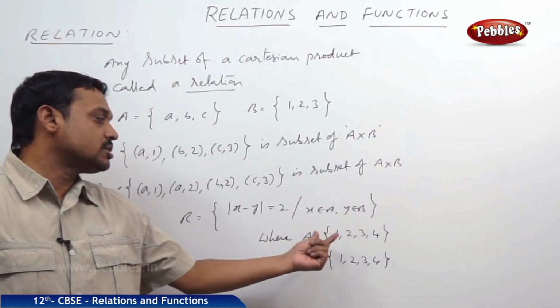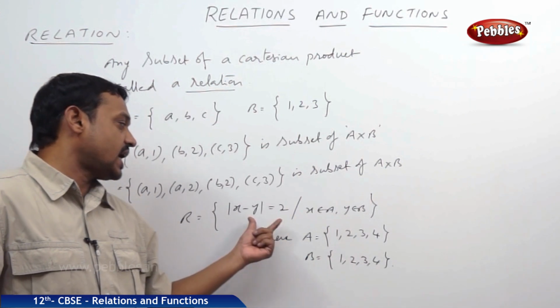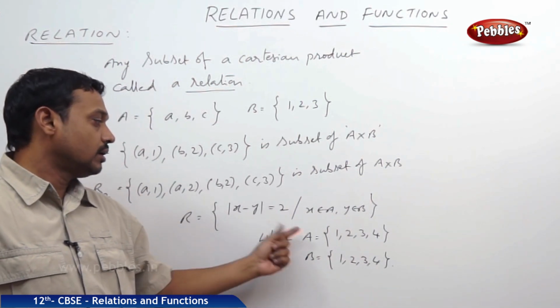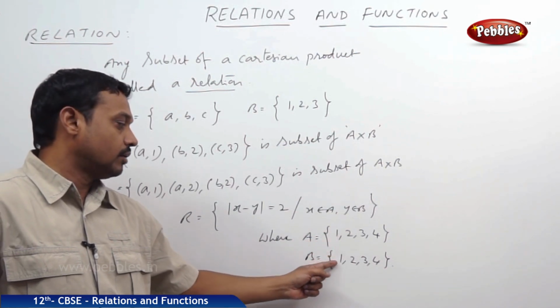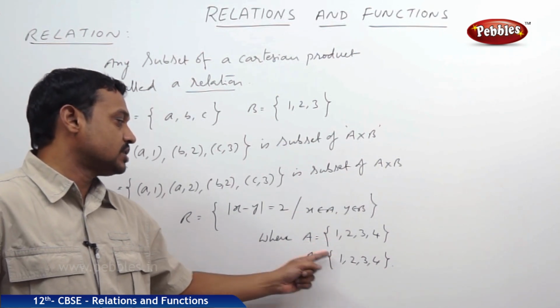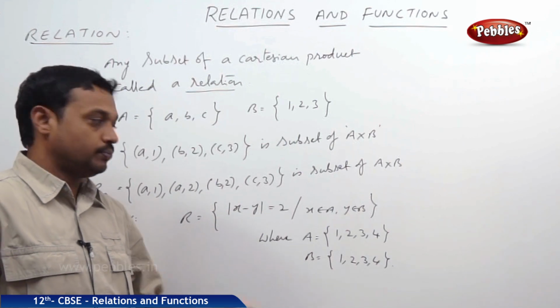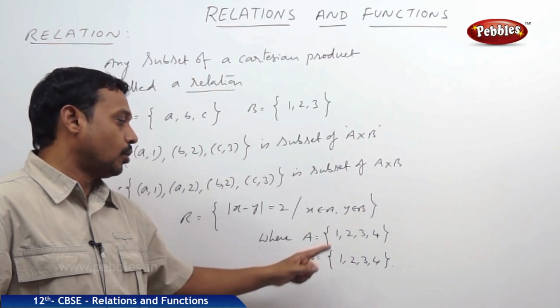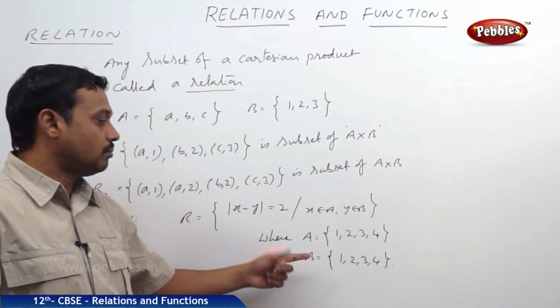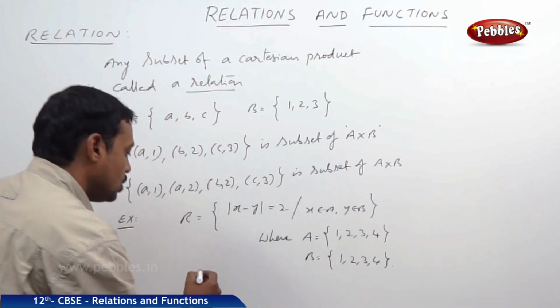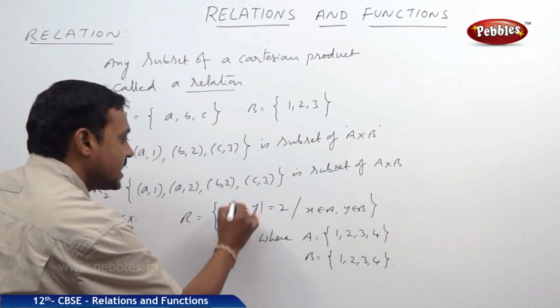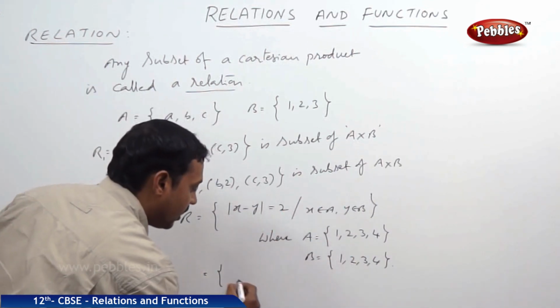What are the possible values that satisfy this condition? Suppose we choose 1 from set A and 1 from set B, 1 minus 1 is equal to 0 but not equal to 2. 1 minus 2, no. 1 minus 3, yes, minus 2, of course it is modulus, so it is equal to 2. So the possible ordered pair satisfying this condition is (1,3).